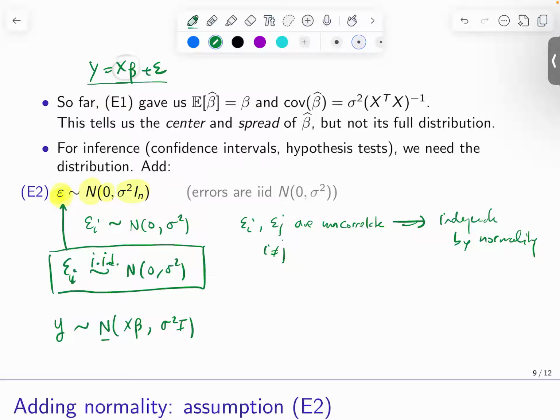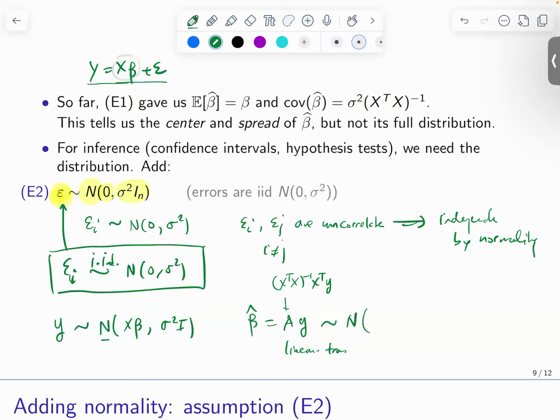So about beta hat, which happens to be AY. Remember, A is (X transpose X) inverse X transpose. What can I say about the distribution of beta hat now? Is it also affine? It's affine, actually in this case it's linear, which is also affine. Affine is more general. There's no constant shift, it's just the matrix times Y, so it's a linear transformation.